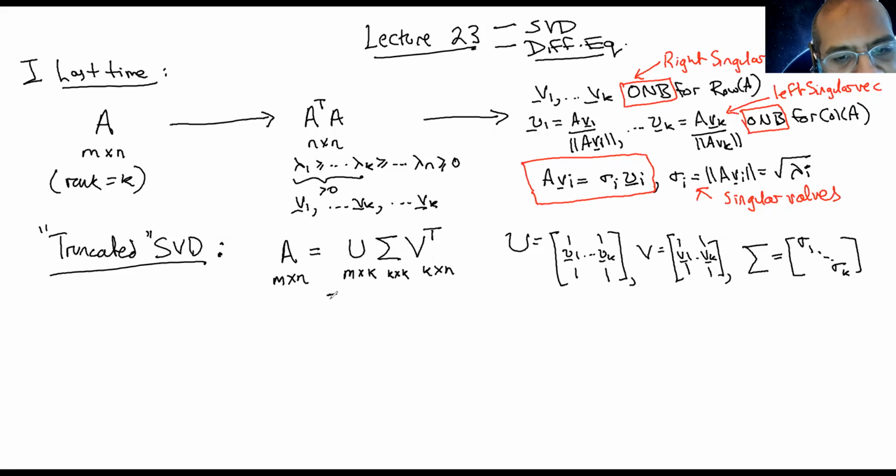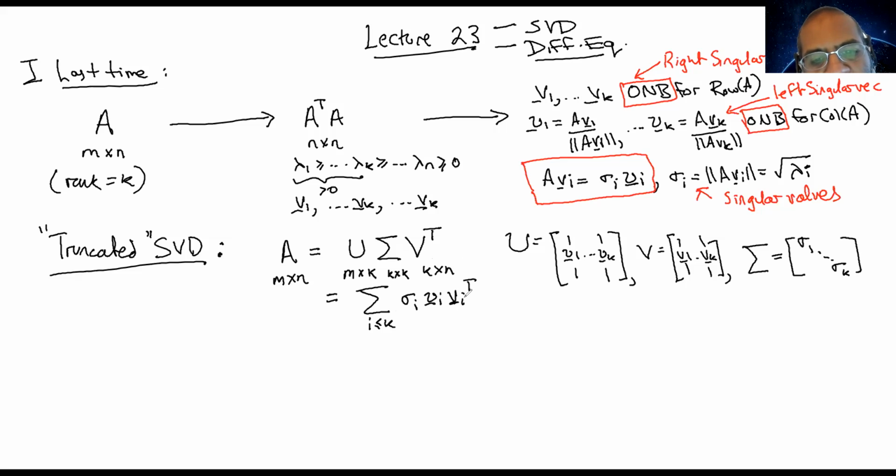This gives a way to write A additively, using the grad school matrix multiplication formula, as a sum of rank 1 matrices ui vi transpose. But this is not quite as good as the spectral theorem.